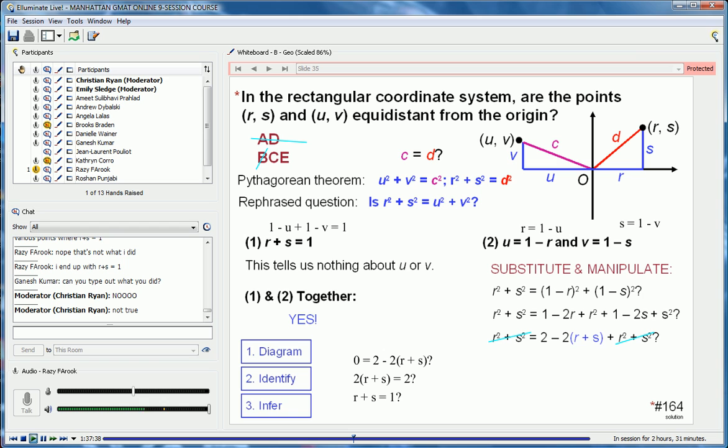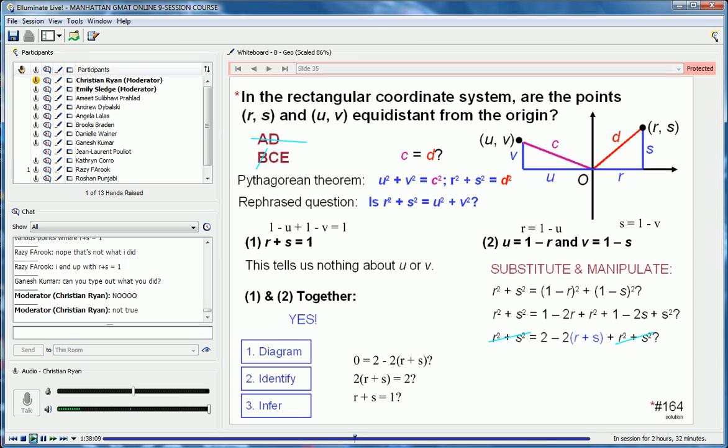So that's probably what it is then, because I just took it since U equals 1 minus R and V equals 1 minus S, then substituting 1 minus R into R and 1 minus S into S, and then I looked at whether or not we can still replicate that solution that's given in statement 1. But go ahead. Yeah, you're saying it's not true.